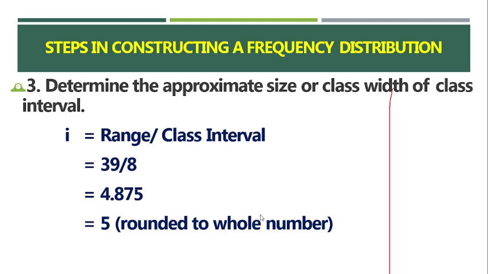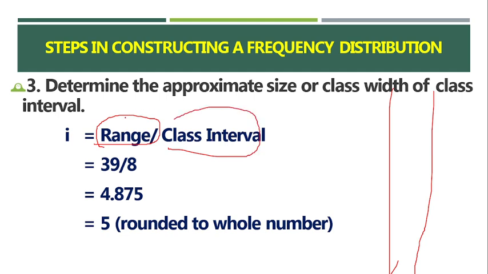If you divide the range by the class intervals, you will have a value of 5. Maybe you will search the internet once again, and some of you will find there is a square root method. It's up to you already. This is my way.